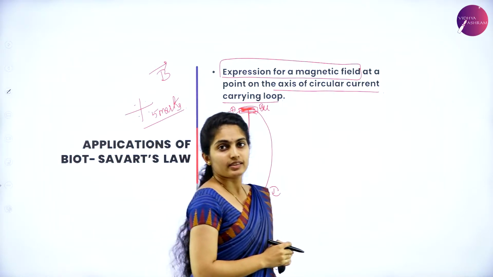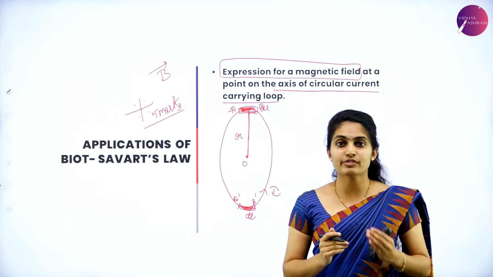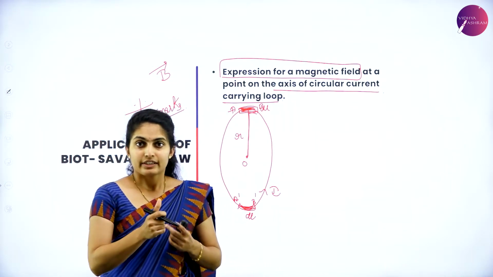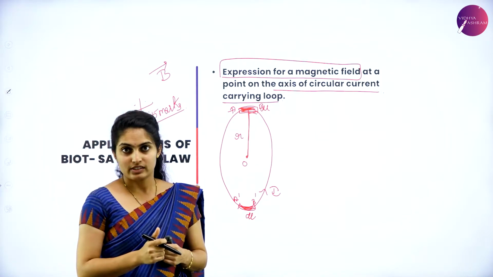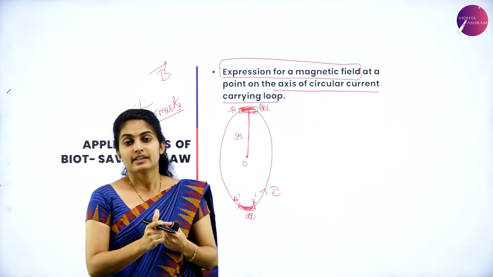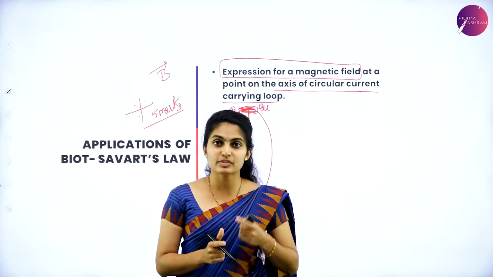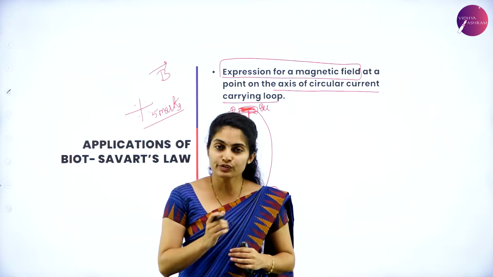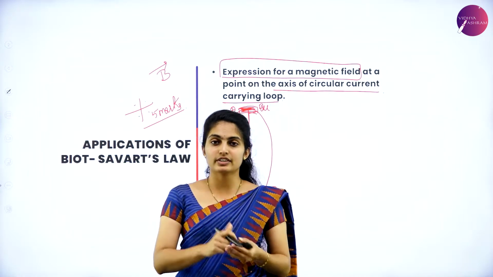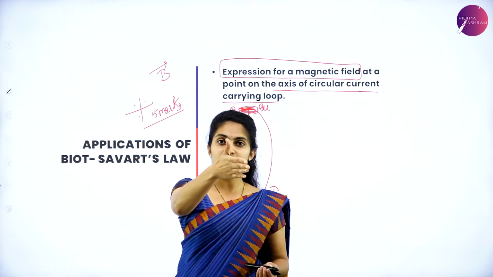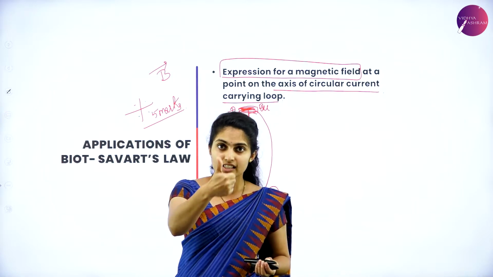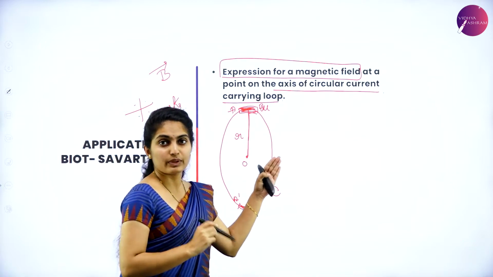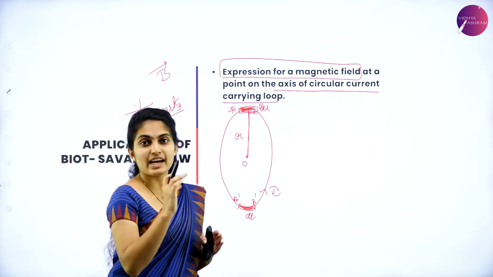That means when there is a carrying of current, according to your right hand thumb rule, the current is given in terms of your thumb side, and the closed fingers will be the magnetic field. Closed finger in the sense it is perpendicular, the thumb is perpendicular to these fingers, 90 degrees. So as the current is passing in this way, there is a force which is acting over that loop.